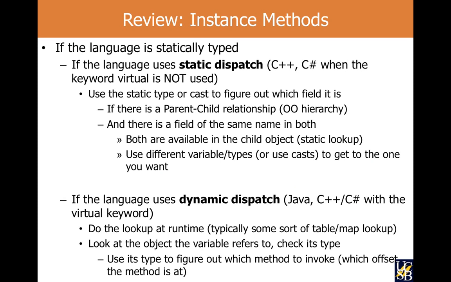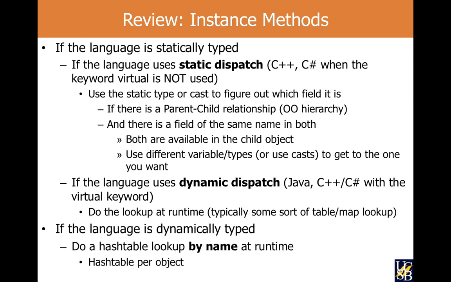For instance methods, we talked earlier about the difference between static dispatch and dynamic dispatch. You can pause here if you'd like to review. With dynamic dispatch, we're going to have to look up the type of the object at runtime to figure out which method we want to invoke.